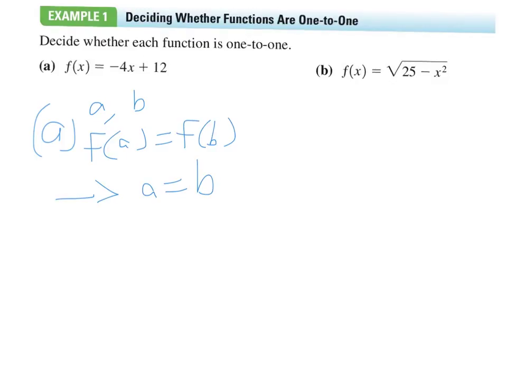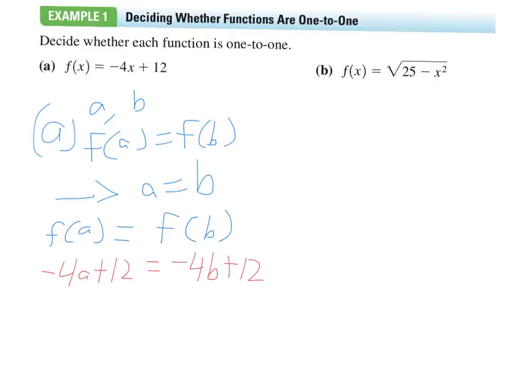Alright, so we start with the first part of the contrapositive, f of a is equal to f of b. f of a means everywhere there's an x in f, we plug in a, so it would be minus 4a plus 12, equals f of b, which is negative 4 times b plus 12.